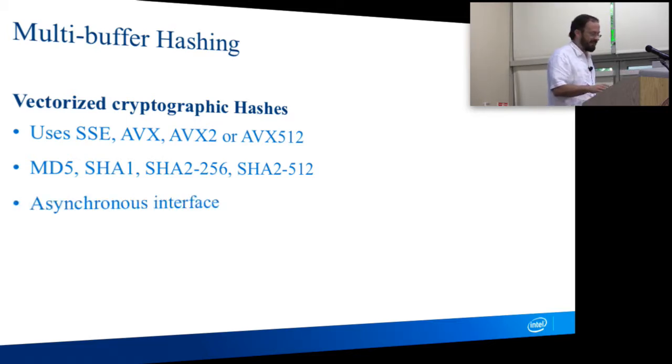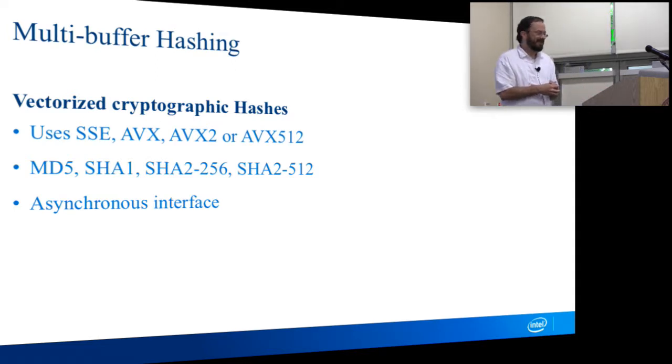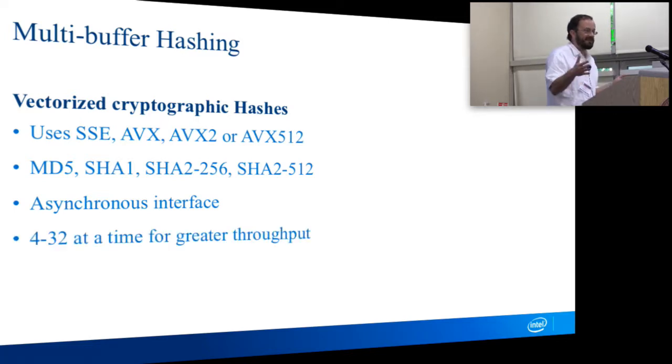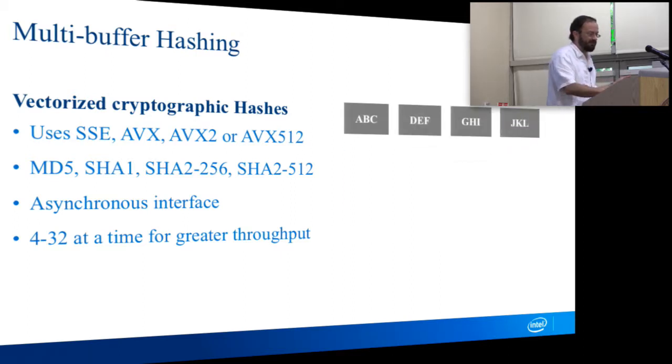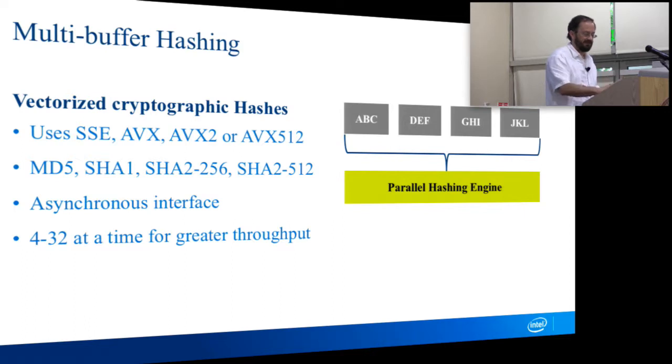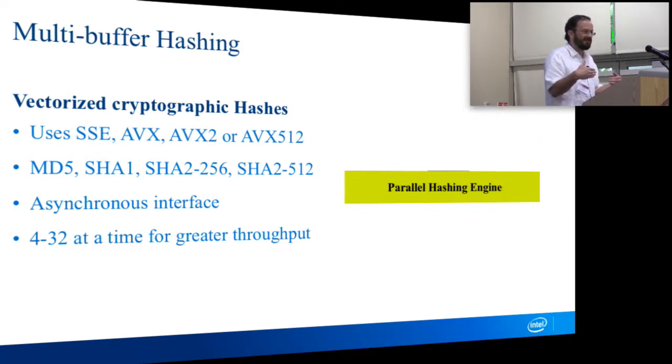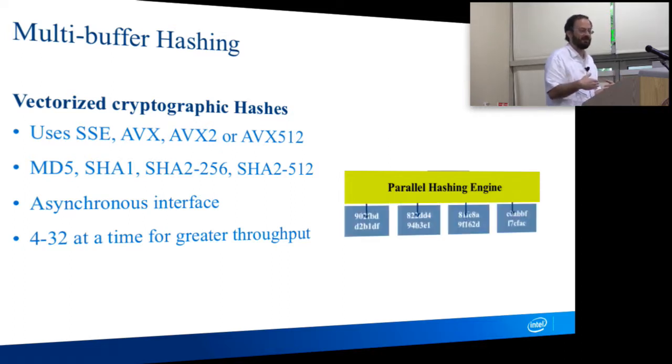And then the only downside is you have something of an asynchronous interface. You have to submit to fill the lanes, and the lanes could be 4 to 32, depending on your hash and your architecture. But once you fill it, you run them together in parallel. And then when they're done, you get all 4 to 32 hashes out at the same time.